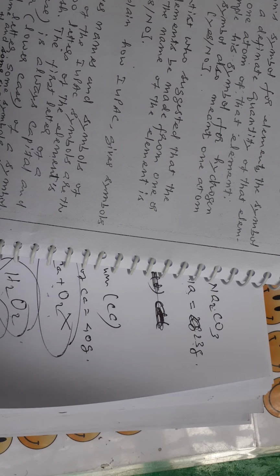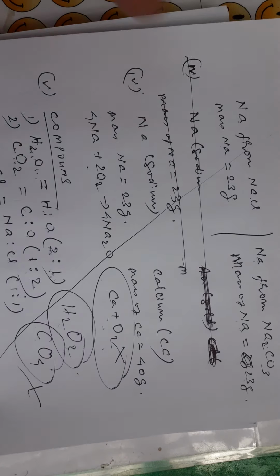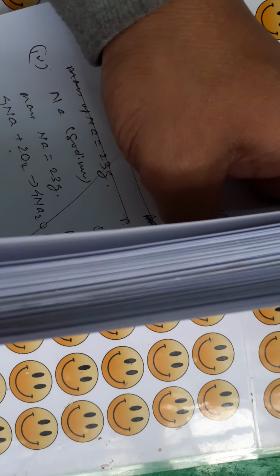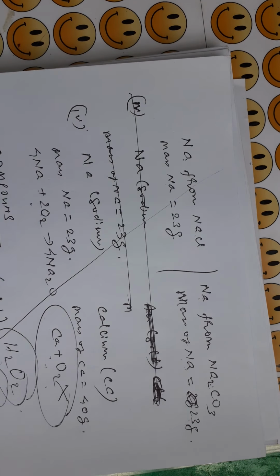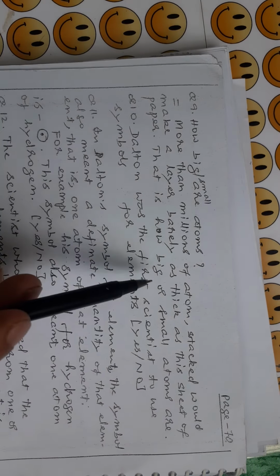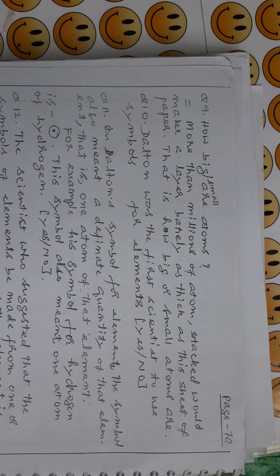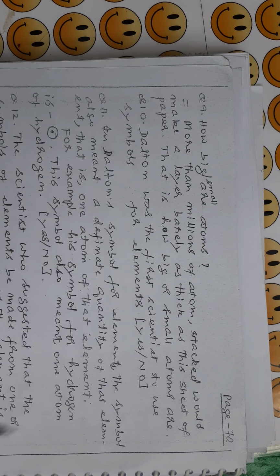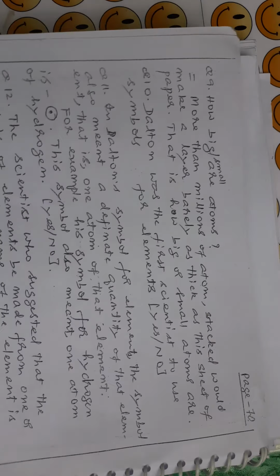Even thin peppers, a million of them, would be huge, but atoms are so small that if you stack one atom over another like stacking peppers, 1 million atoms will be just as thick as one sheet of paper. That means it's so small. That's why we cannot see with our naked eye.